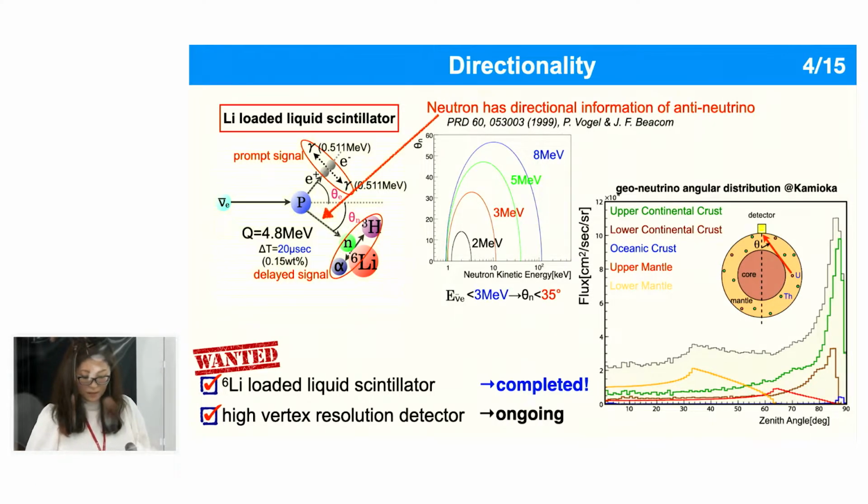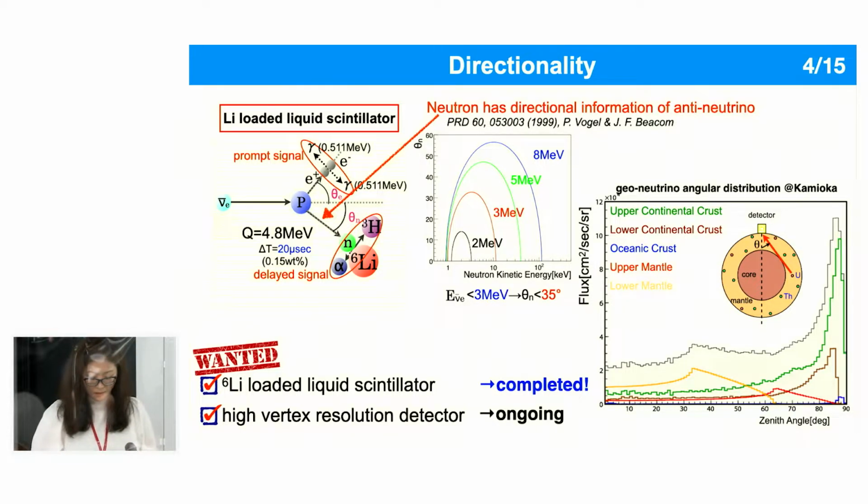And we need a new type of light collecting detector, because we need high vertex resolution to identify these two positions, the prompt and the delayed signal, so that we can make an arrow to the neutrino coming direction.